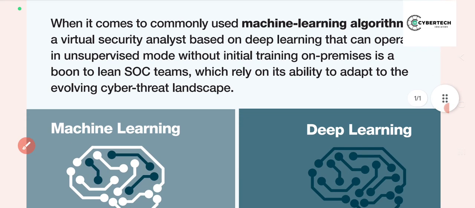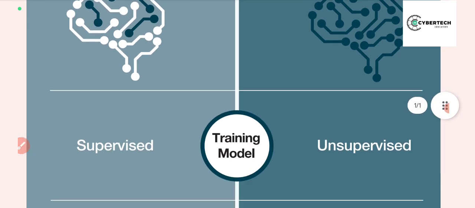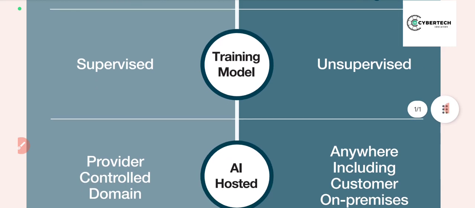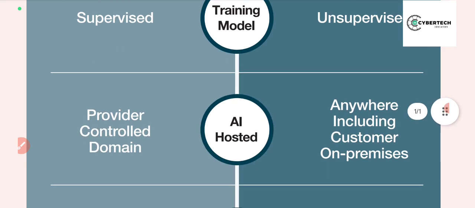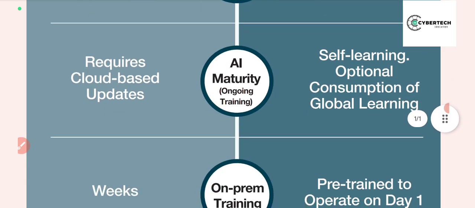When we discuss machine learning, deep learning, supervised and unsupervised, these are the different training modes, which can also be provided in the customer's control domain, on premise. Then AI maturity gives a blueprint of what requires cloud based updates.